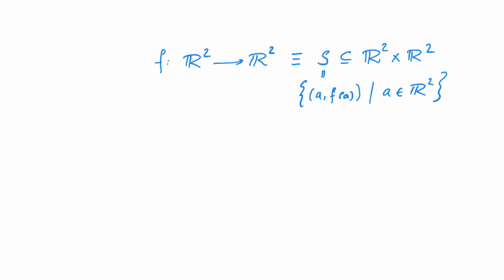Now notice what a point A in R2 looks like. If A belongs to R2, then A can be represented using two real numbers x, y. Therefore, when we look at f of A, you should actually write f of A as f((x, y)).